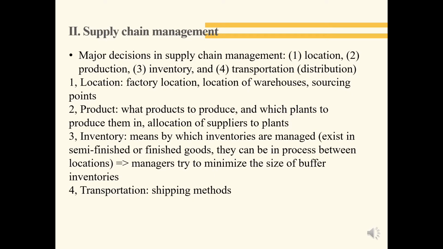And the final one is transportation. We refer to shipping methods here, and whether products should be shipped by airplane, which may be fast but expensive, or by sea or rail, which is cheaper but may be uncertain.